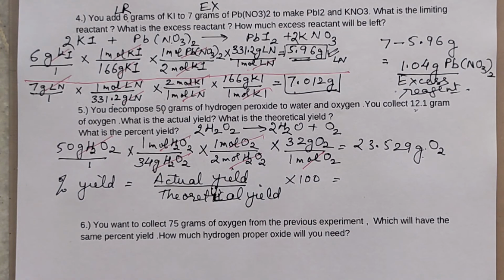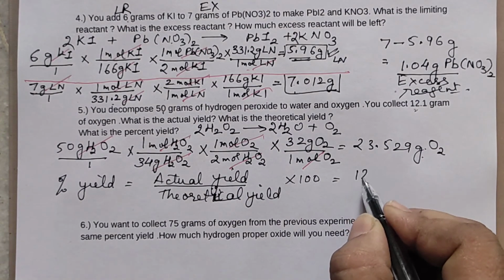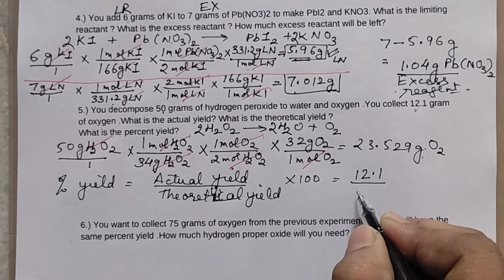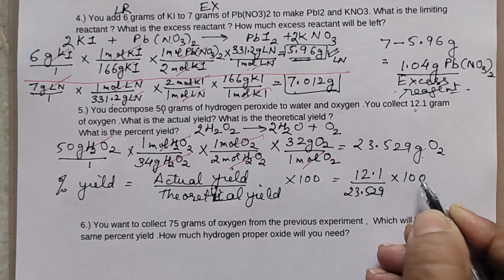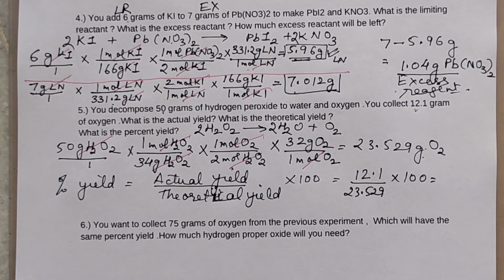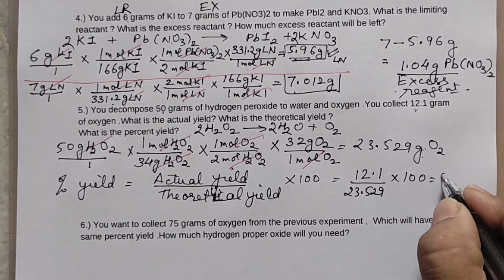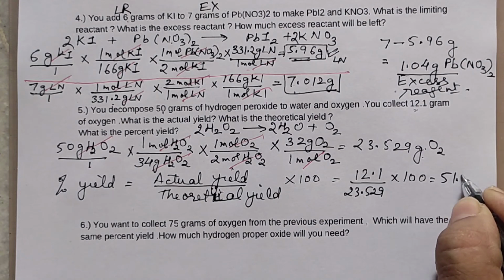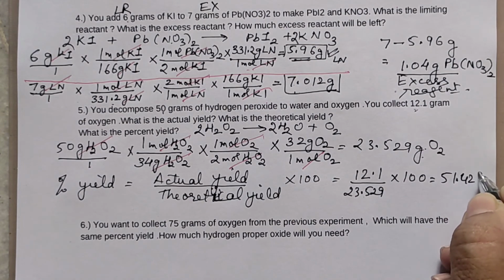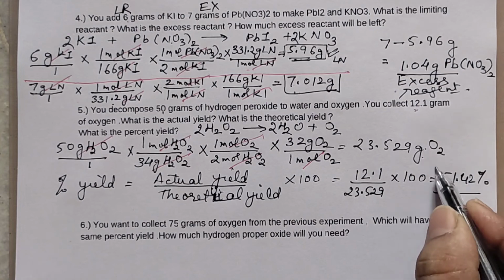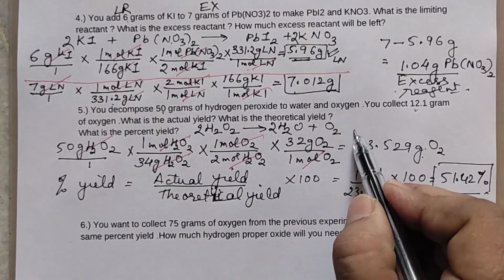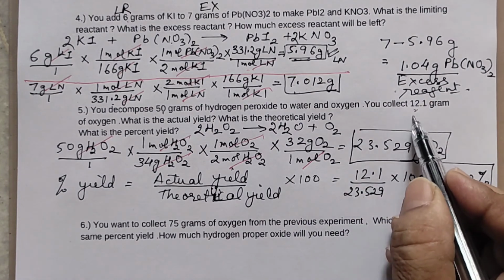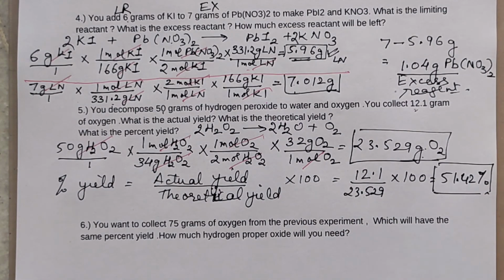So how much is your actual yield? 12.1, which is given in the question, divided by, this is your theoretical yield, 23.529 into 100. Okay? So answer here comes out to be 51.42%. This much percent is your percent yield. Right? Theoretical yield is this one. Actual yield was given. Percent is this.